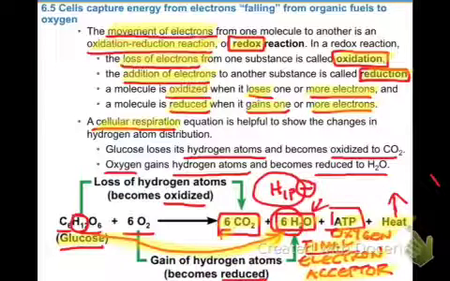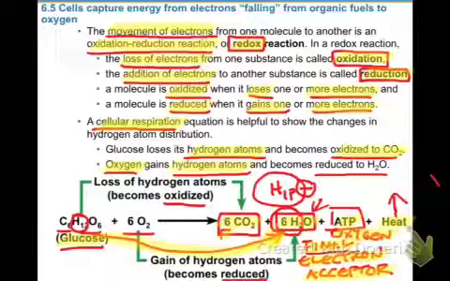Glucose loses hydrogen atoms and becomes oxidized to carbon dioxide. Oxygen gains hydrogen atoms. In fact, you can see it right here. Those are the hydrogen atoms that it gains, and it becomes reduced to water. Now hydrogen may not seem like much, but keep in mind that hydrogen has 1 proton, and circling it, it has 1 electron.